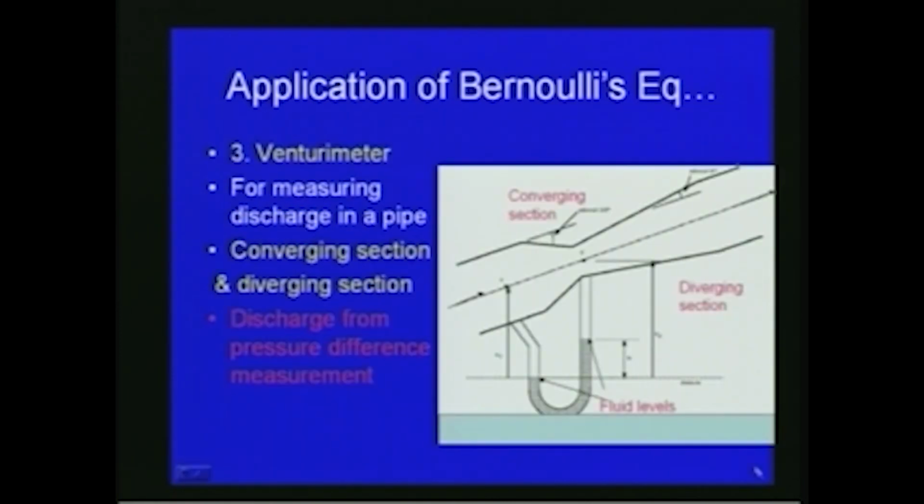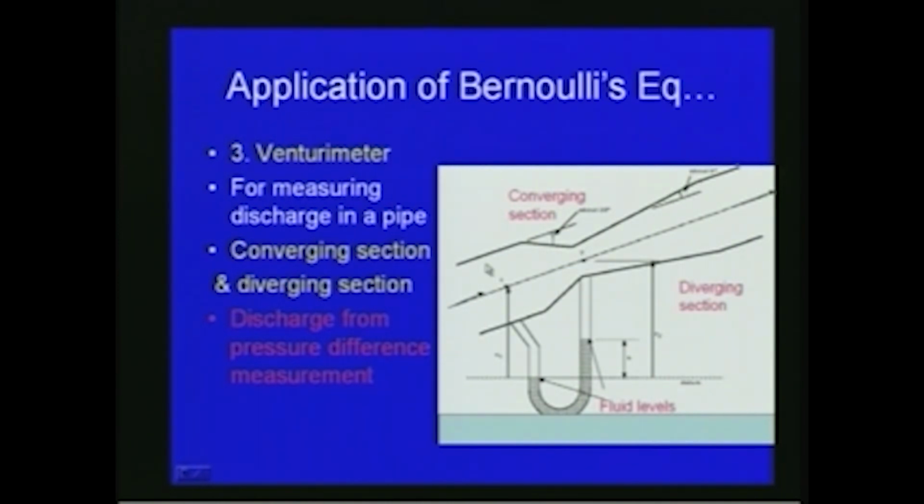So now the third case which we will be discussing here is the application of Bernoulli's equation for a venturimeter. You can see that this venturimeter is used to find the discharge in a pipe, and this is the pipe in which we want to find the discharge. For this venturimeter arrangement there will be a converging section, as you can see here, and then there will be a diverging section like this.